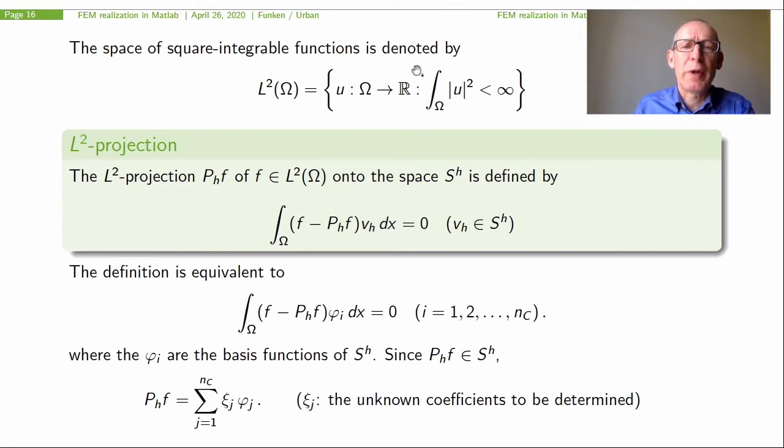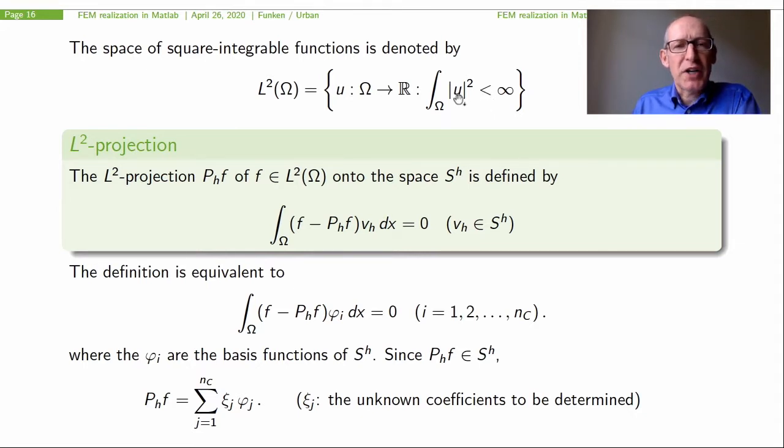We consider real valued functions, and the property is that the integral over omega of the absolute value of u squared is less than infinity. It's quite often written with these absolute values because you can think about complex valued functions or vector valued functions, then you have the same notation.